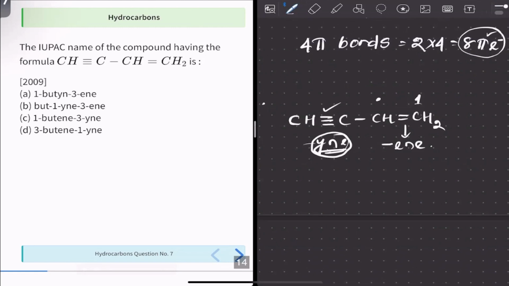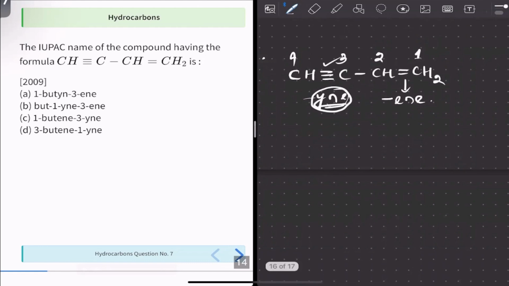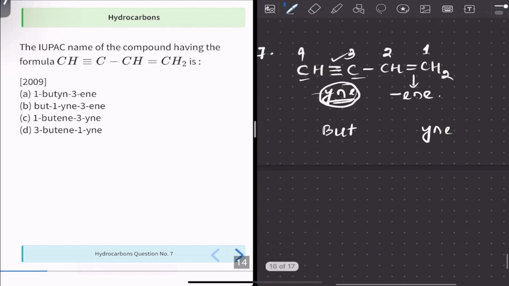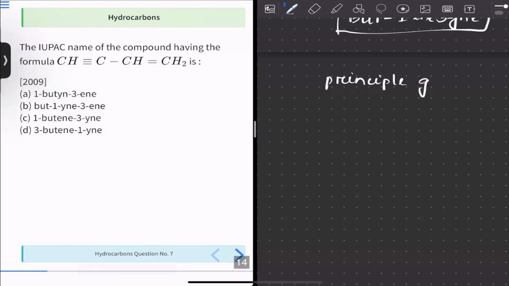That is 1, 2, 3, 4. So it has 4 carbon atoms, which means but, and the suffix will be yne because we have decided the principal group as yne. So but-1-ene-yne.